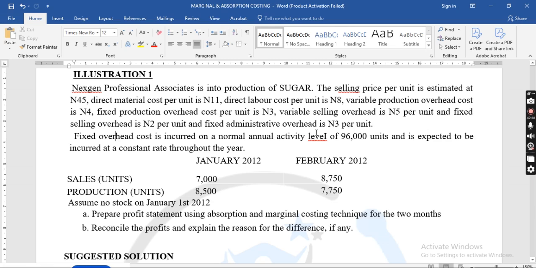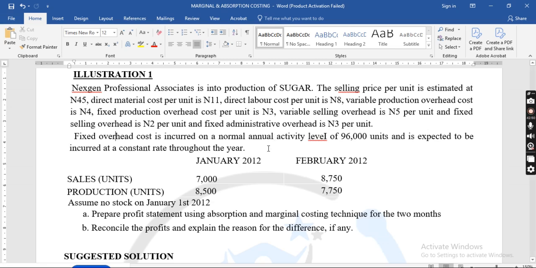They did not even write it as budgeted, but when you see fixed that is being attached to a unit, you should know that this is your budgeted, because your actual can never be attached to that. Your actual will be given separately in the question. Fixed overhead cost incurred on a normal annual level is what is constant. That is what they budgeted for.